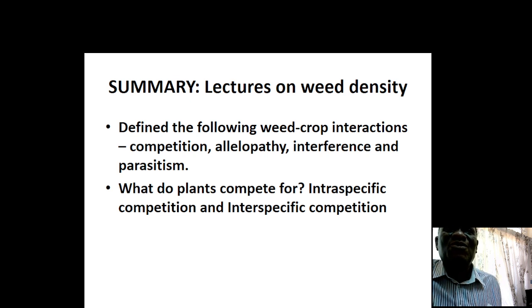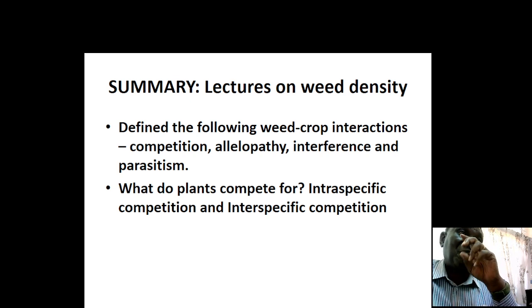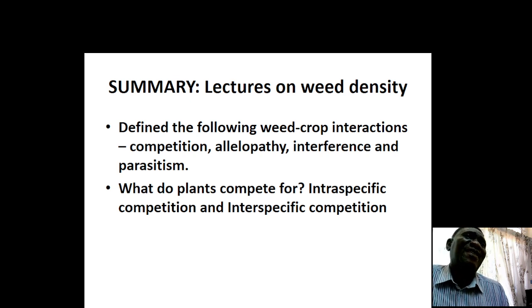The other question which we addressed was what do weeds, or what do plants, compete for? We also defined intra-specific competition and inter-specific competition. Of course, we now know weeds can compete for light, carbon dioxide, nutrients, and water.